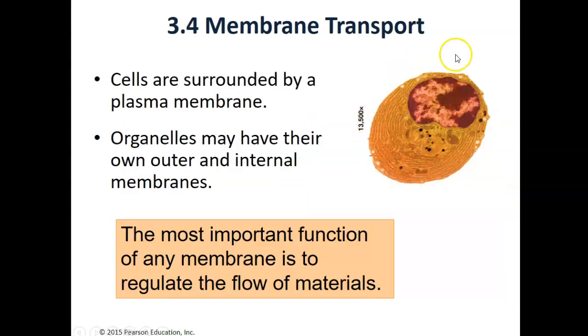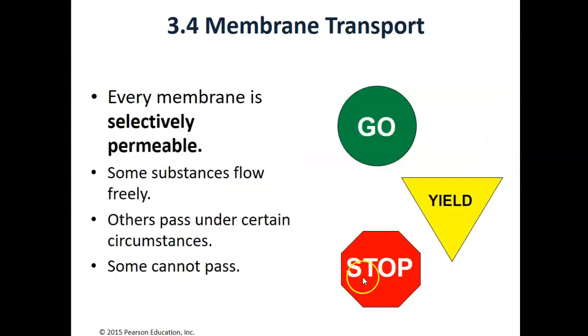The cell is surrounded by the plasma membrane, and organelles within the cells are also wrapped by membranes. Those membranes all have a common function: to regulate the flow of materials in and out of the cell or in and out of those organelles. When the membrane transports molecules, it will selectively allow the materials to be in and out.